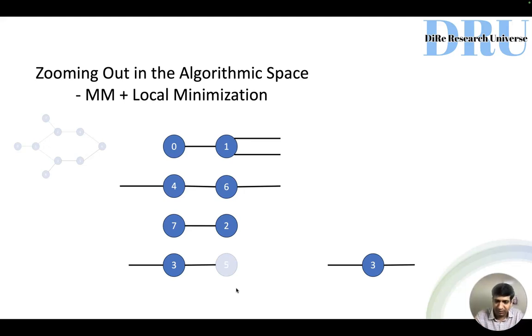So we remove vertex 5 from the set of vertices that we have, and 3 is still a vertex cover in this local graph. Similarly, for the pair of vertices 2 and 7, if we remove any one of the vertices, let's say 7, then 2 still covers the edge in question.